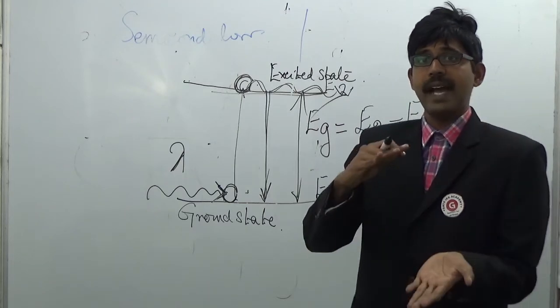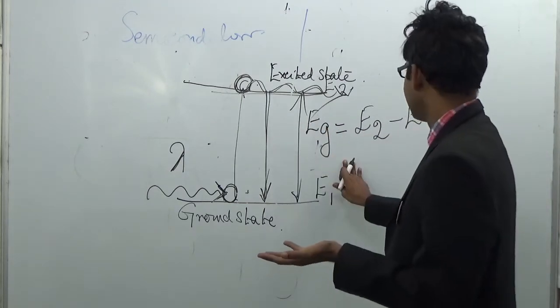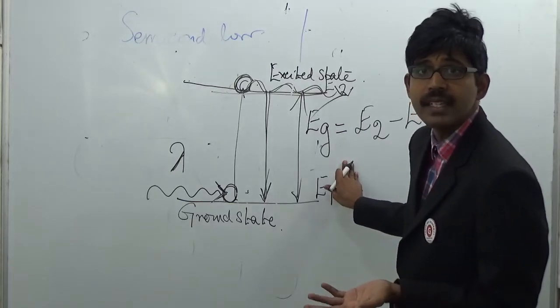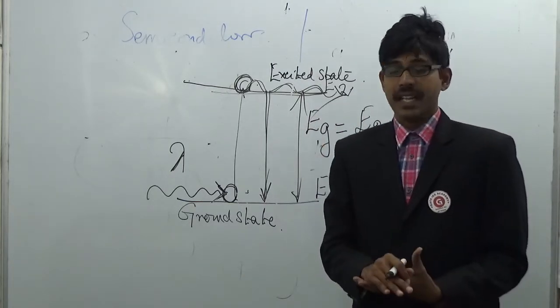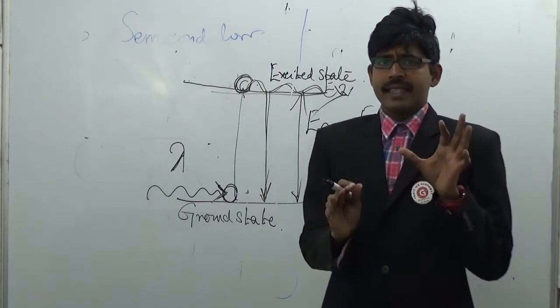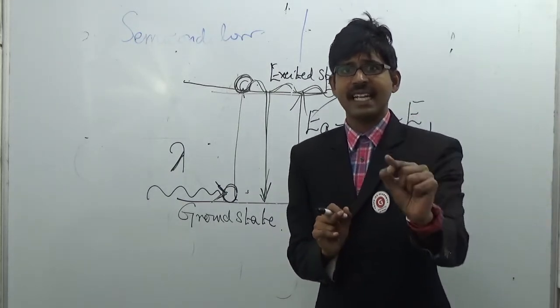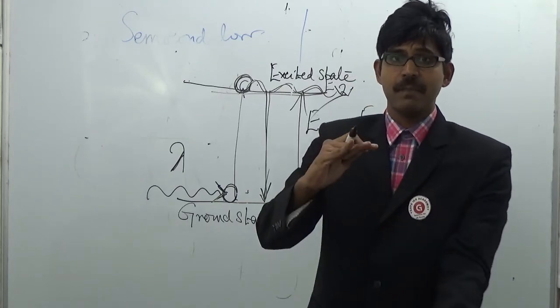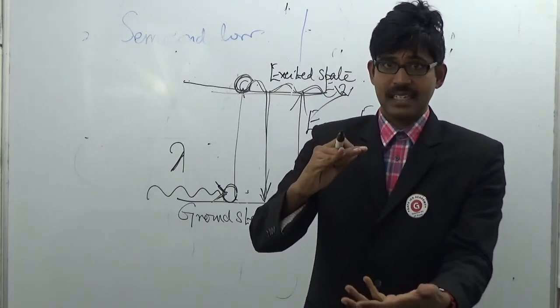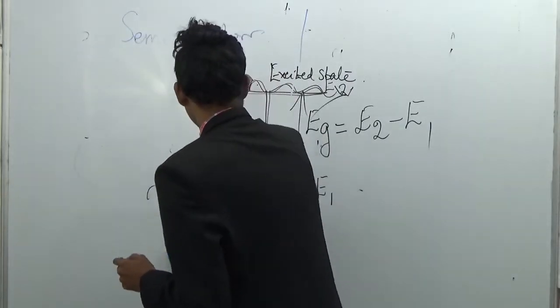The energy band gap EG is nothing but the difference between the energy levels E2 and E1. Now, there is a relation between the wavelength that is incident on the atom and the energy band gap EG. I am going to give you this relation. You can take down this relation.